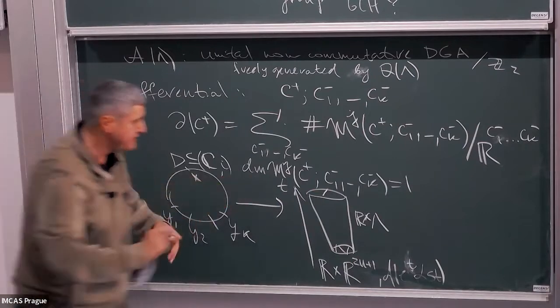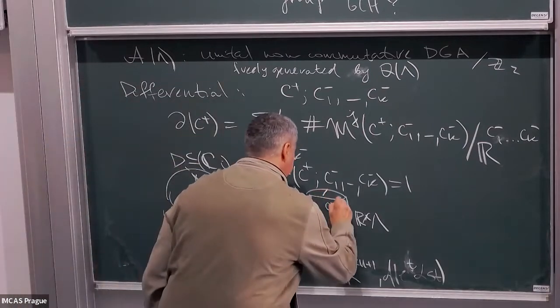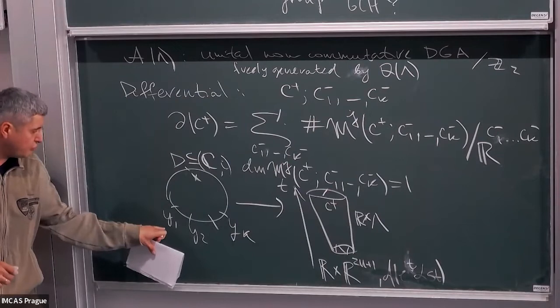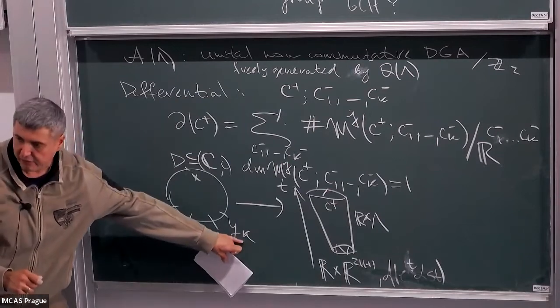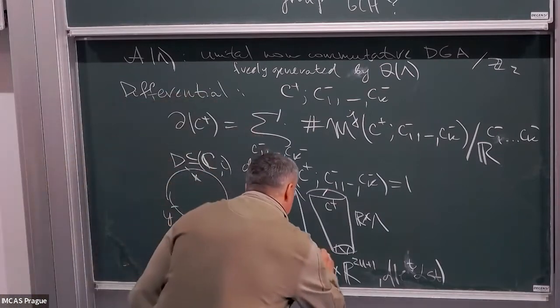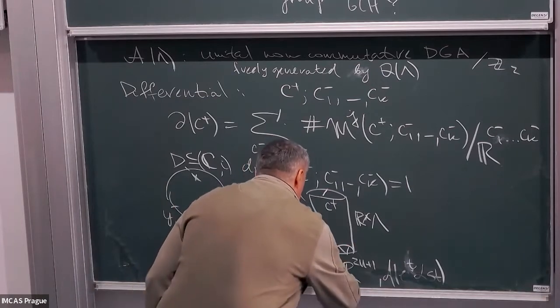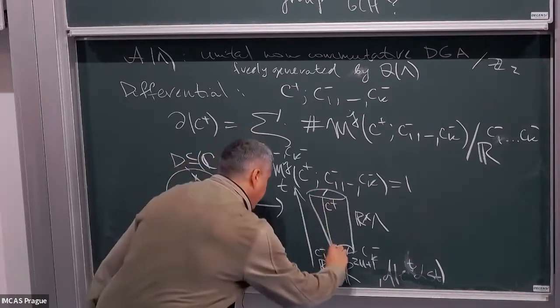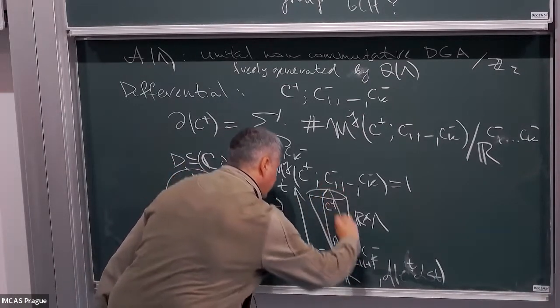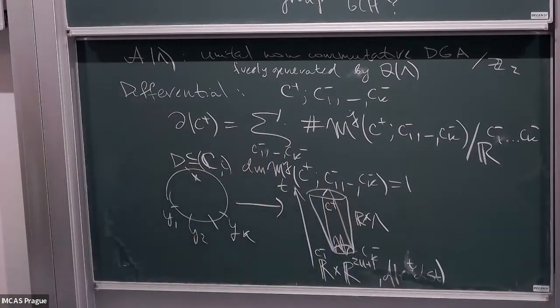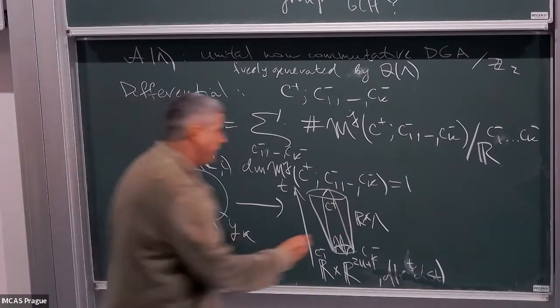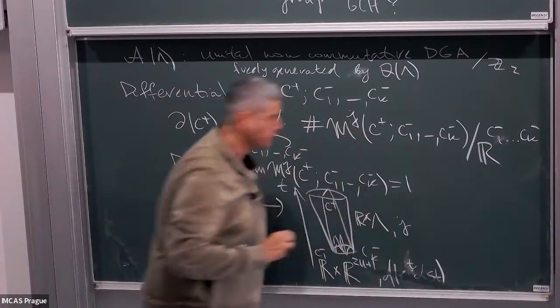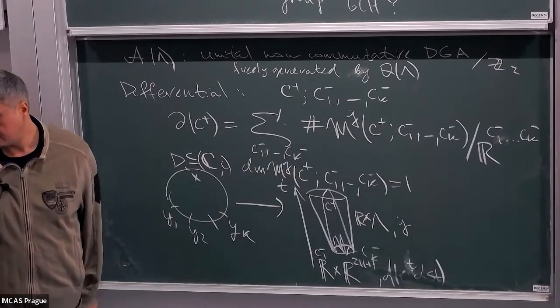Point X will be asymptotic at positive infinity to chord C plus, and points Y1, Y2, up to Yk will be asymptotic at negative infinity to chords C1 minus, up to Ck minus. And the boundary, once again, is on this cylinder. Here I have some almost complex structure J.